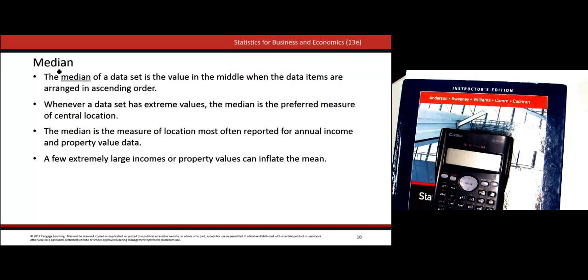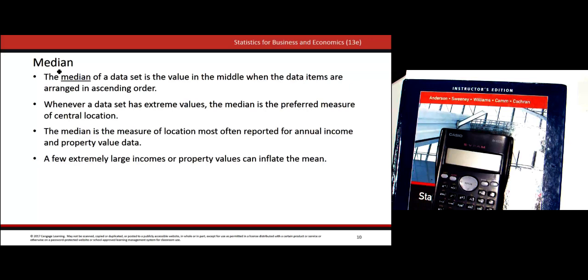If we have extreme values in the data set, the median is the preferred measure of central location. Because, for example, with property values or salaries, there may be a few extremely large incomes or property values that can inflate the mean.